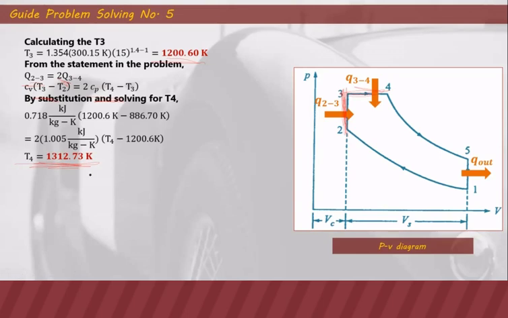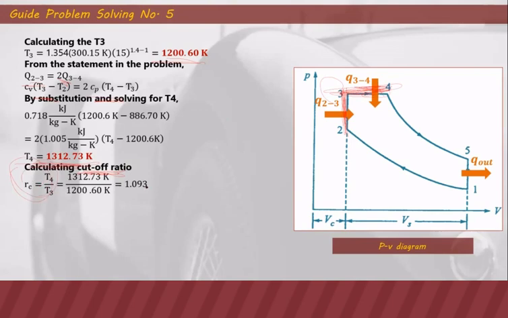The only one temperature left is T5. Before we can get T5, we need to compute first the cutoff ratio. The cutoff ratio is the ratio of V4 over V3, or that's just equal to temperature T4 over temperature T3. Since this process here is a constant pressure process, then we can rewrite the cutoff ratio in terms of temperature.